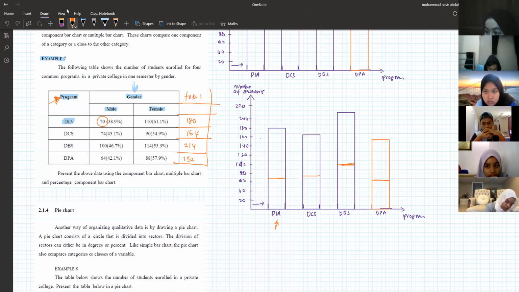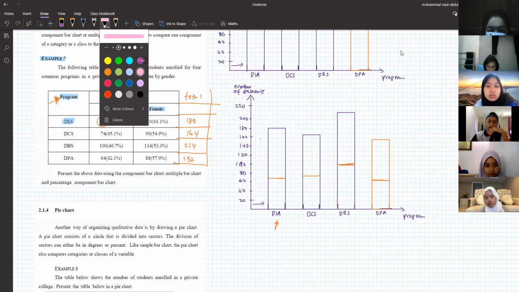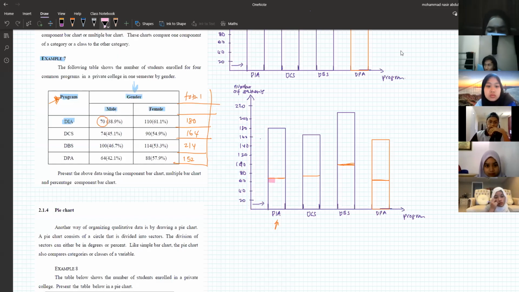Right. So let's say we use color to differentiate. Don't worry about the link, right? Later we'll give the new one. So for component bar chart, you need to use color pencil to indicate the difference between each category. Let's say I use pink color for male respondent, right?